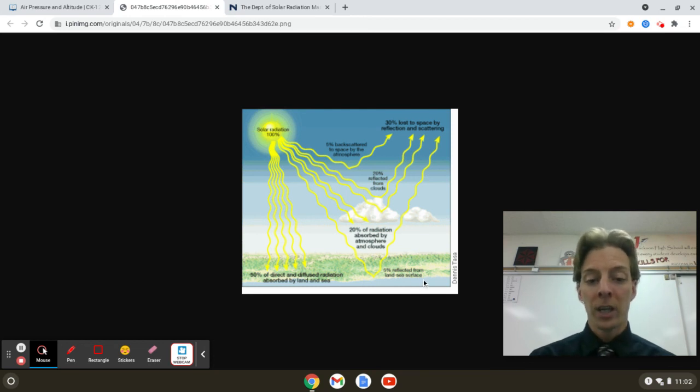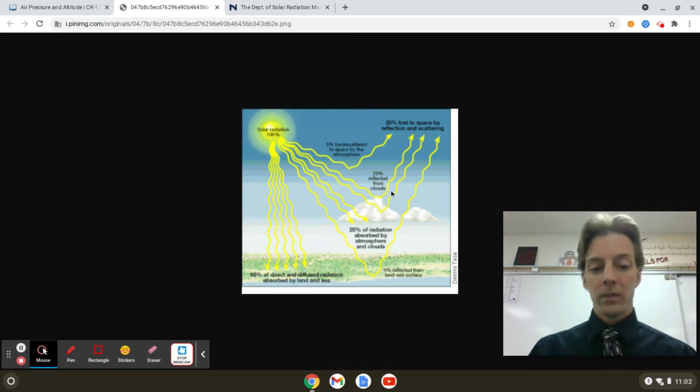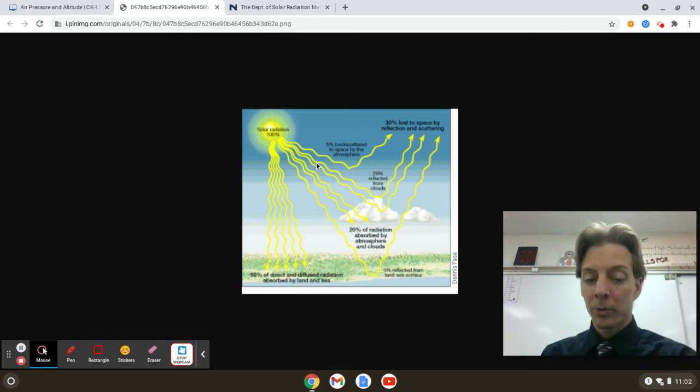Of all the energy that comes in, half of it is absorbed by land and sea. 20% is absorbed by clouds, right? Now, 20% is reflected from the clouds. 5% is reflected from land and sea. A lot of it is sent right back into space.